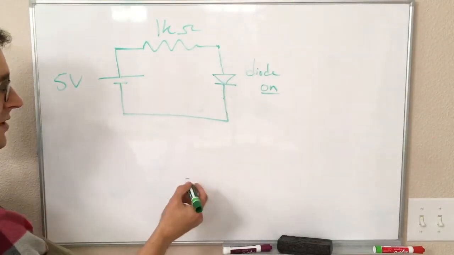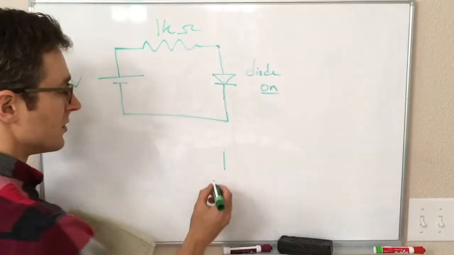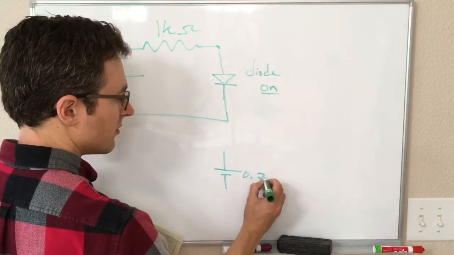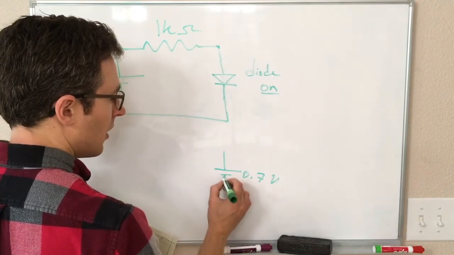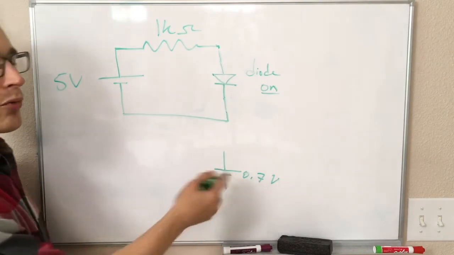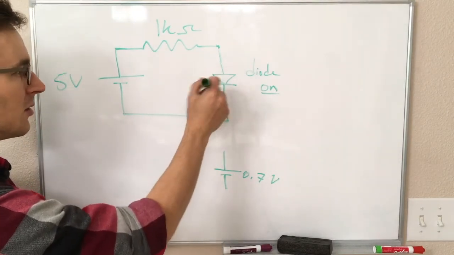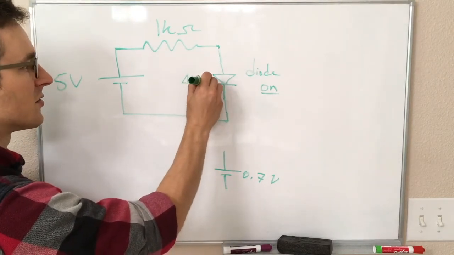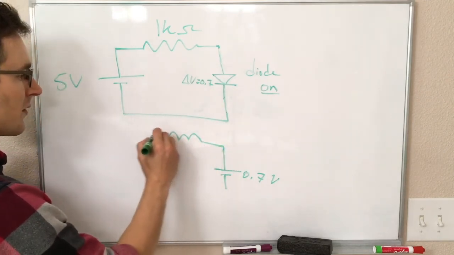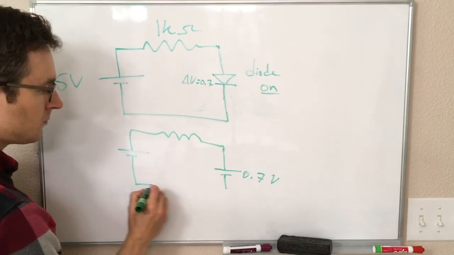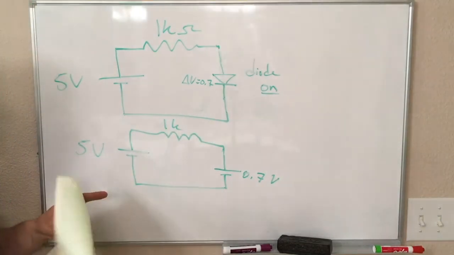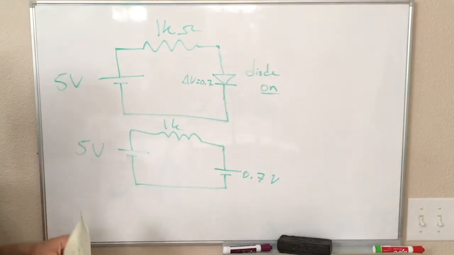So one thing we can do at this point is to replace this diode with a 0.7 volt source. You also can look at this and remember that you don't have to actually redraw it. You can just remember that this is going to be delta V equals 0.7 or something like that. But we'll do the full redraw the circuit version. So here, 5 volts across here and 0.7 volts across here.